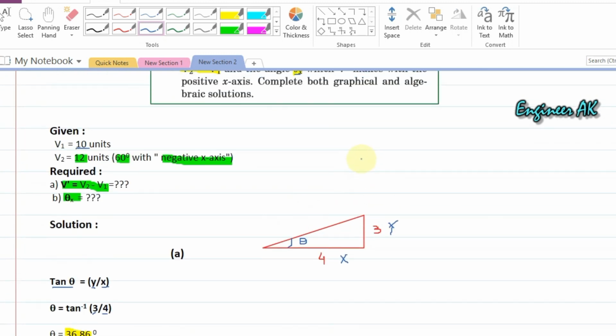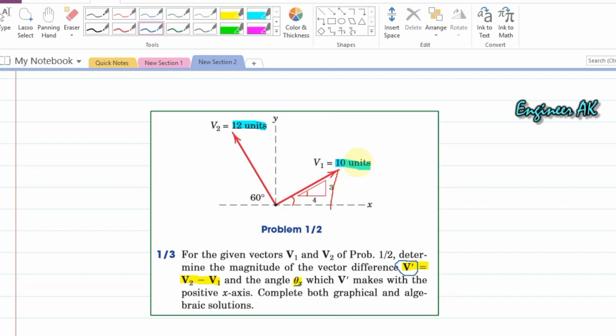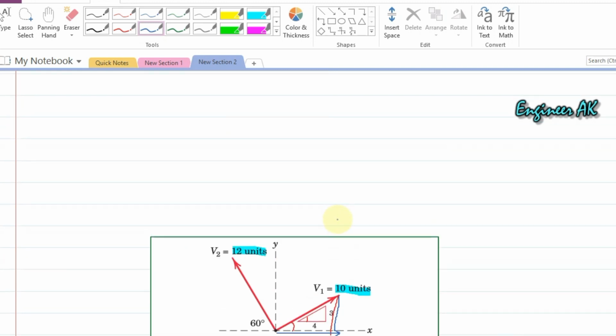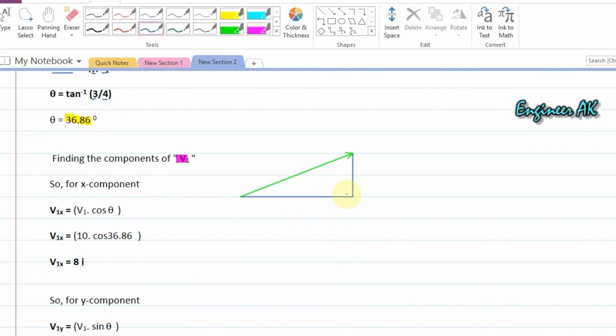So here we can see that this is the resultant, and it will have two components, one in this direction and one in this direction, right? I have drawn them here.